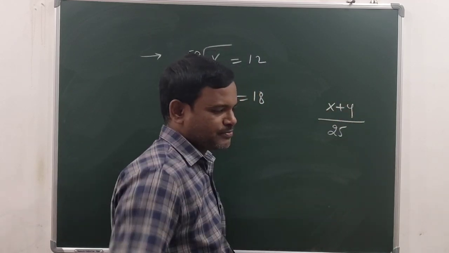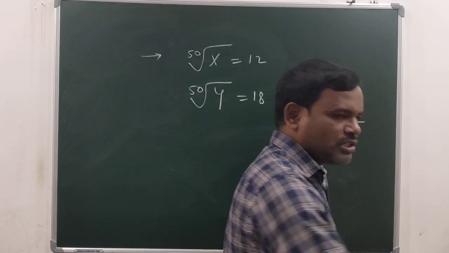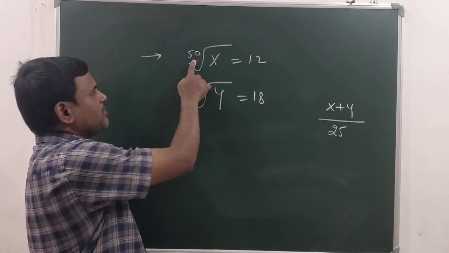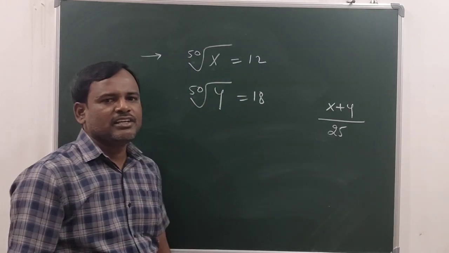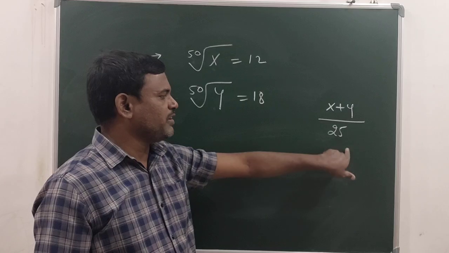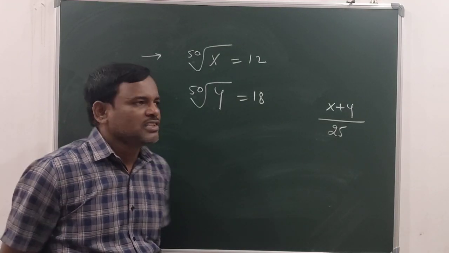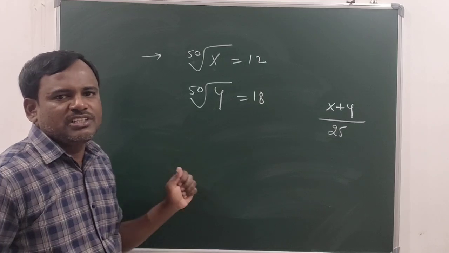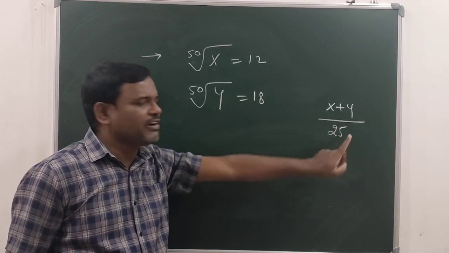This is the question. Okay students, try to understand the question. This is the given data. Using this information, you have to evaluate the remainder when it is divided by 25.